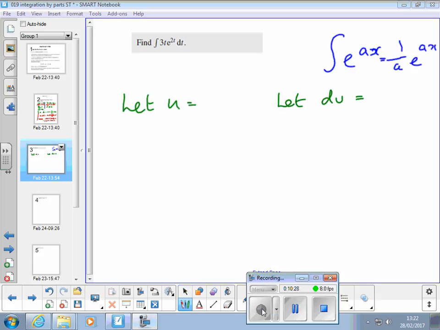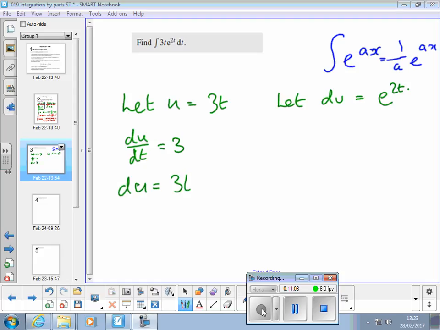Right guys, what I'd be writing, assuming however far you got up to now, you've chosen u to be equal to 3t, and dv is equal to e to the 2t dt. Differentiating 3t ends up with du by dt being 3, so du is equal to 3 dt.